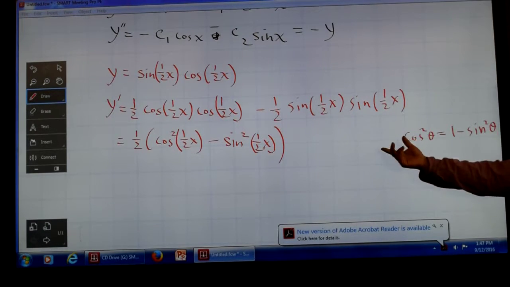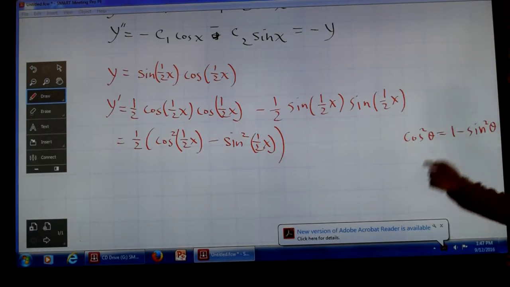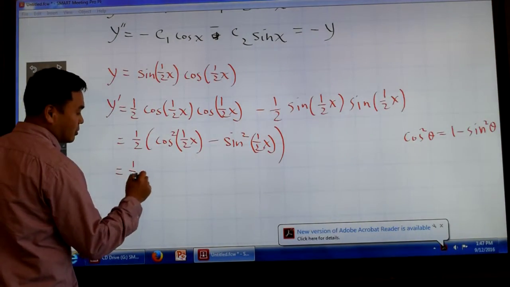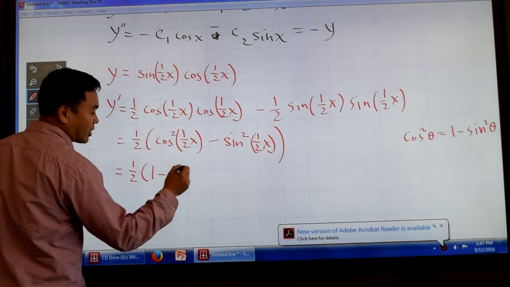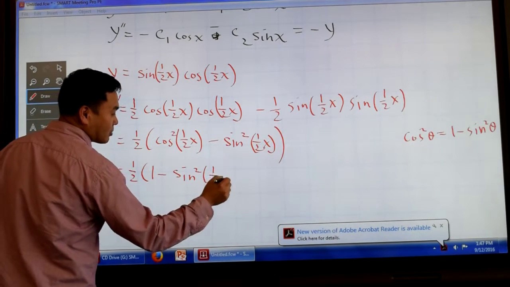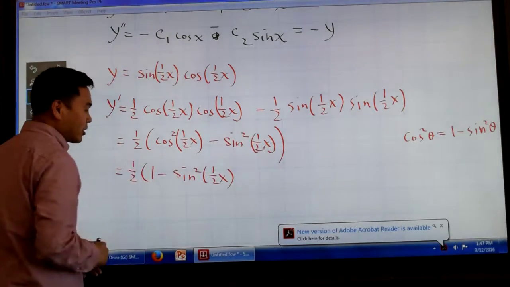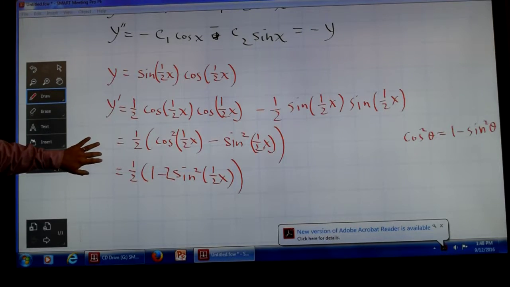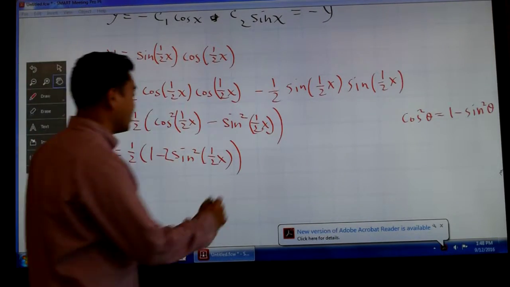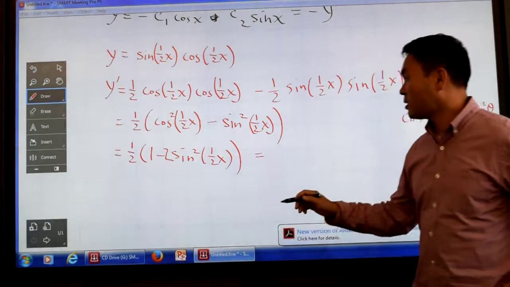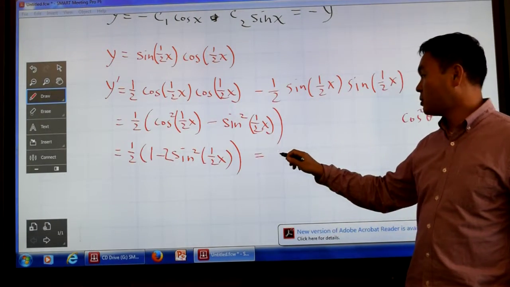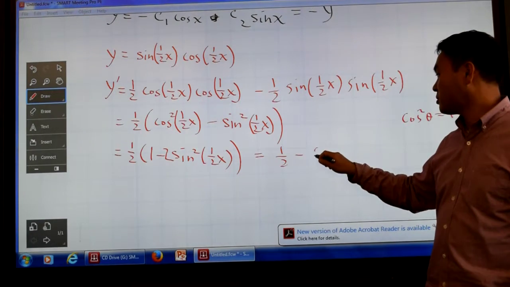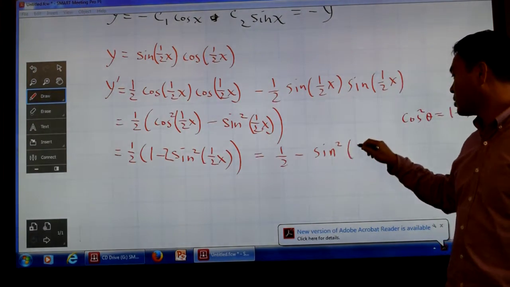It just means sine squared plus cosine squared is 1. Okay, so using that, I can replace this cosine squared of 1/2 x as 1 minus sine squared of 1/2 x. And because I have another one, I guess I can put a 2 here. So that's what y prime is the same as. Or I can rewrite it again as 1/2 minus sine squared of 1/2 x.